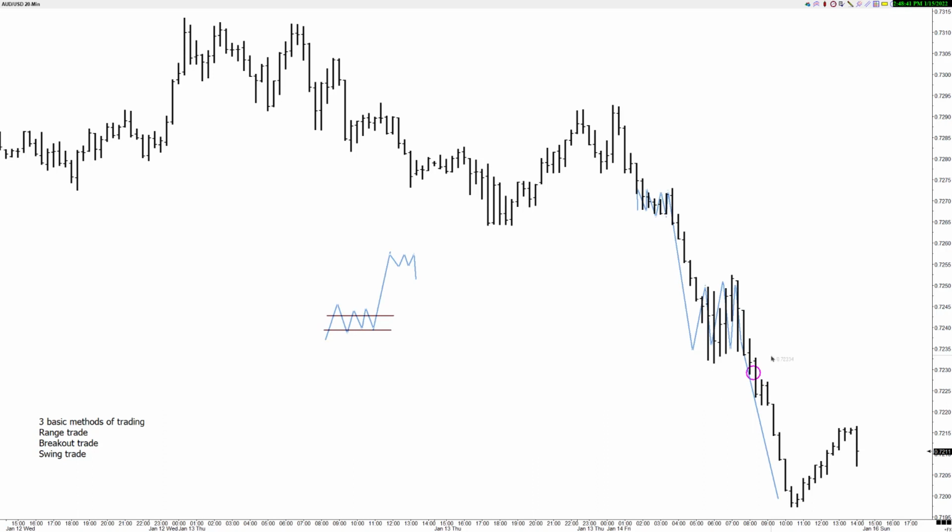This is a setup I use. Instead of swinging, if the market's got momentum, it's probably only half done and wants to finish its impulse leg out. And so this is a setup I will use with various tactics.